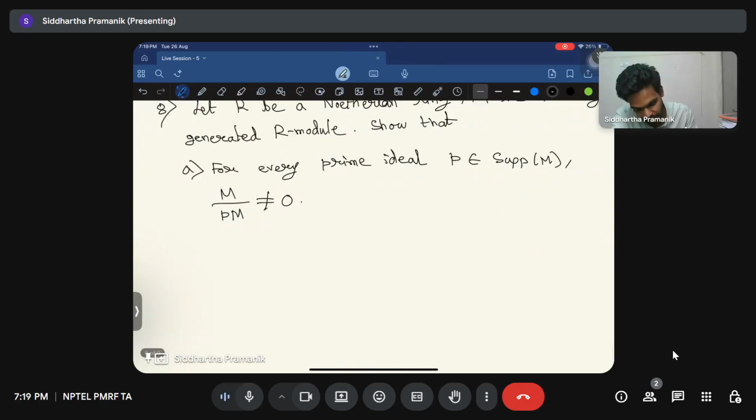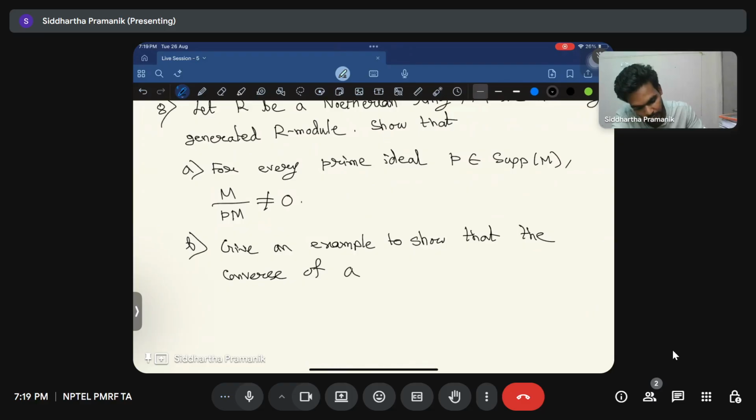And the second thing is the converse is not true, so give an example to show that the converse of A need not be true.